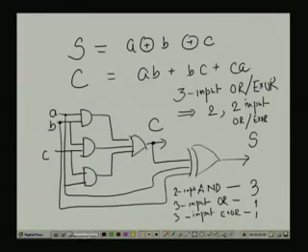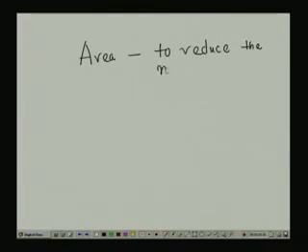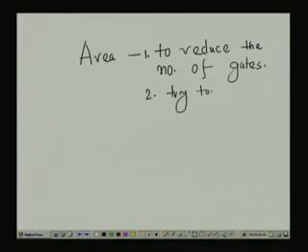So, the parameters we have to consider: one is the area, where we always try to reduce the number of gates, as well as we always try to realize the circuit with minimum input gates.